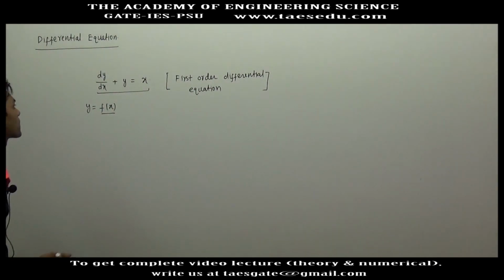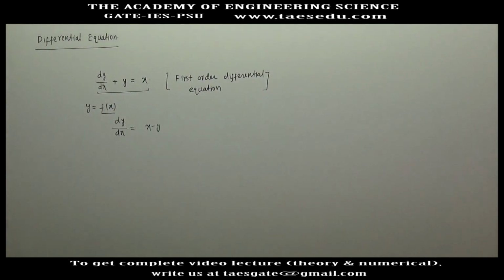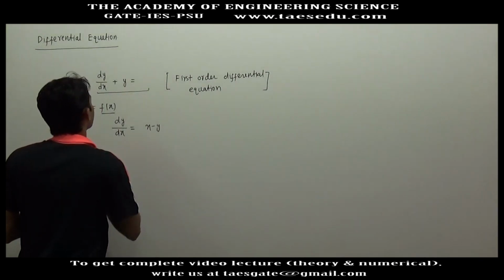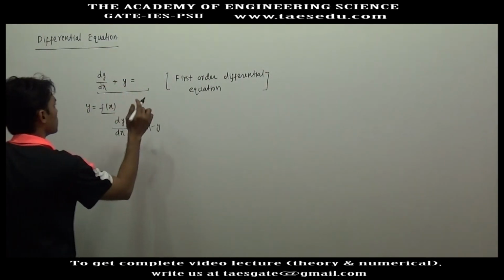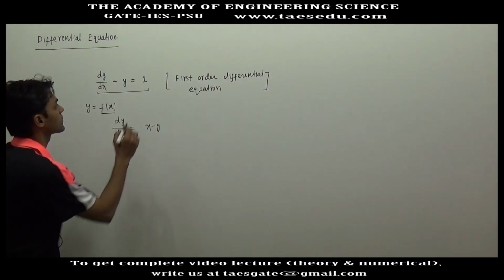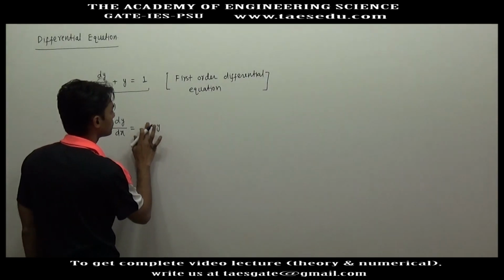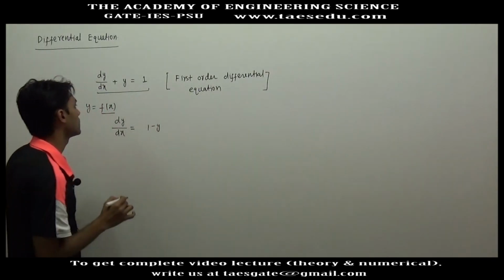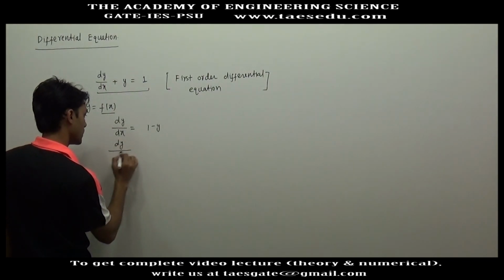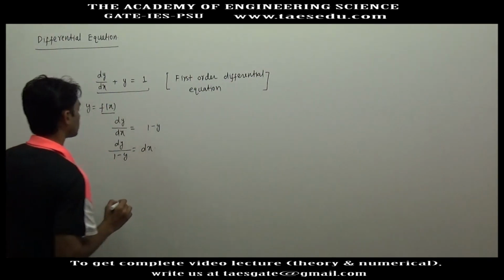So if we solve this, what we will have, or better I take an even simpler example. dy by dx plus y equal to 1. Even if there is x, we will solve it later. So here we will have dy by dx equal to 1 minus y. If we solve it, dy by (1 minus y) equal to dx.